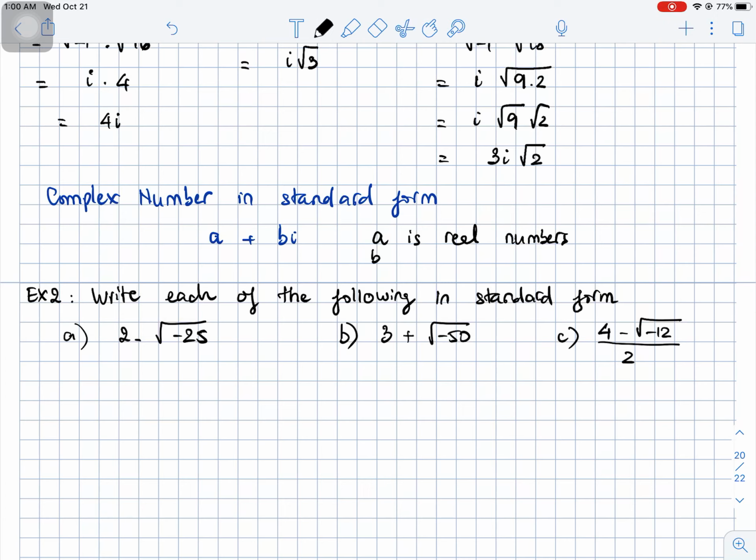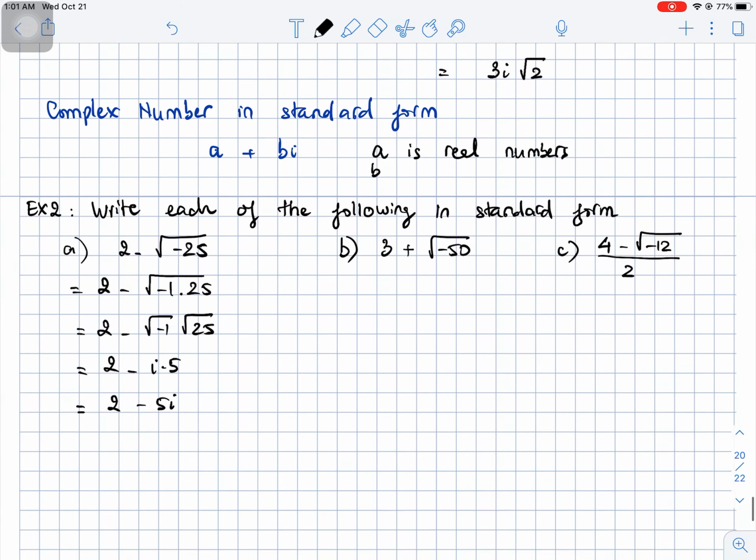The complex number in standard form is a plus bi, where a is a real number and b is also a real number. So similarly, like before, we will simplify example number 2.